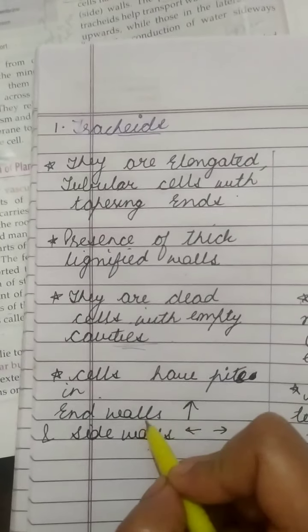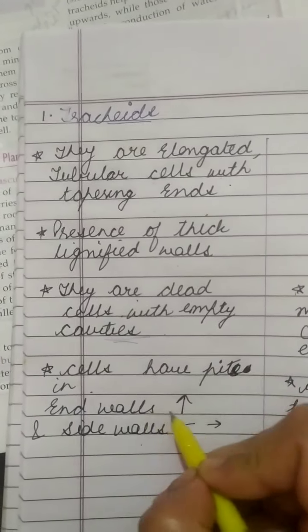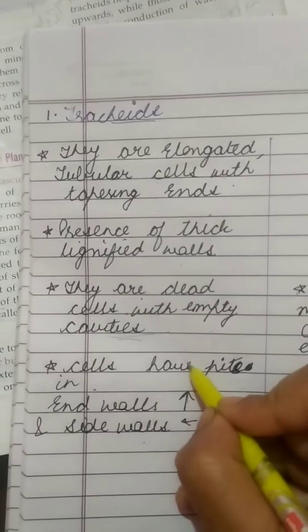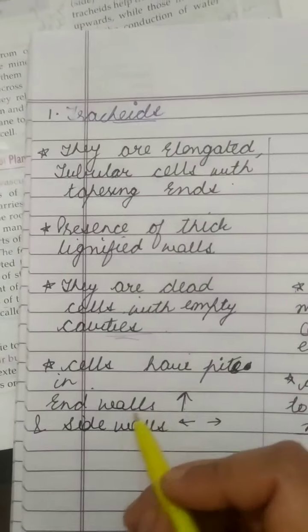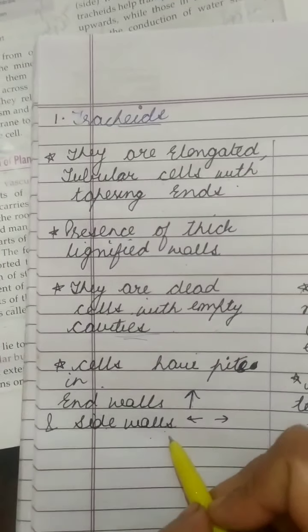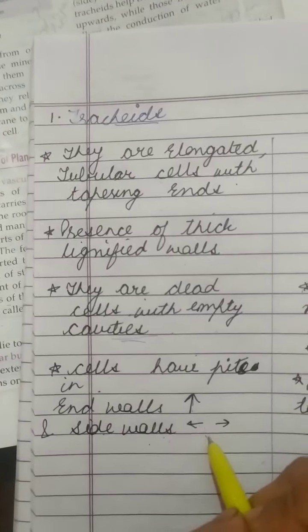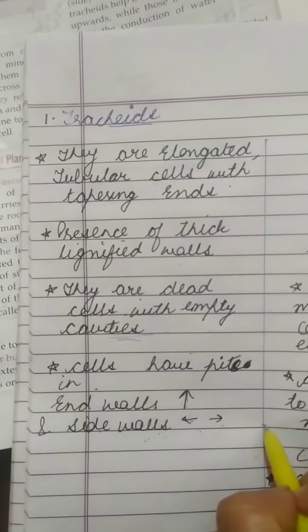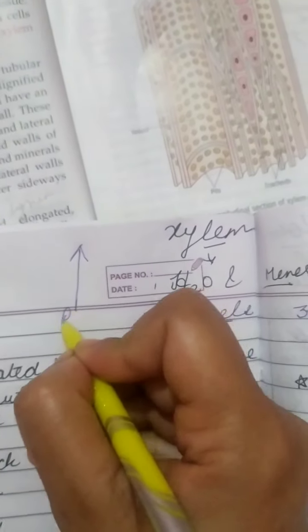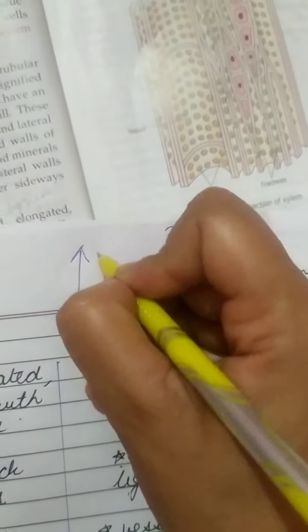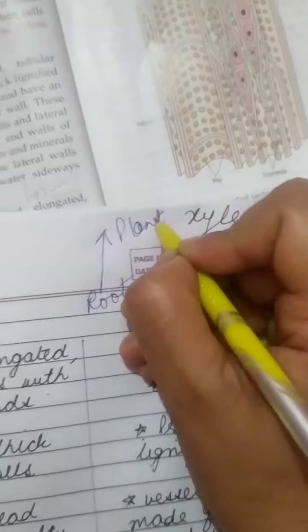The pits in the end walls of the tracheids provide water to the upside, from the root to the upper part of the plant, and the side wall pits provide food, water and minerals to the side walls of the stem. So the xylem mostly transports water from the root to the whole plant or shoot system.